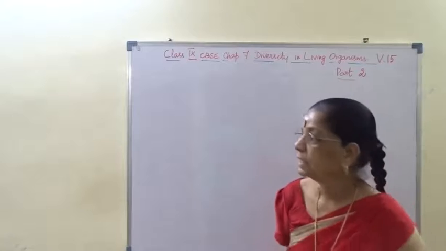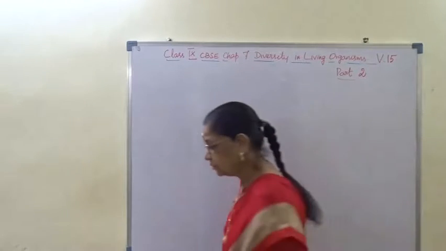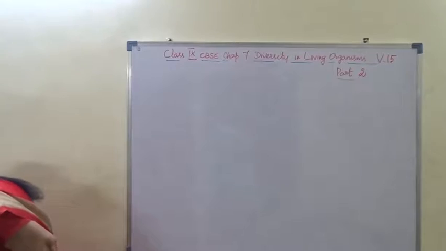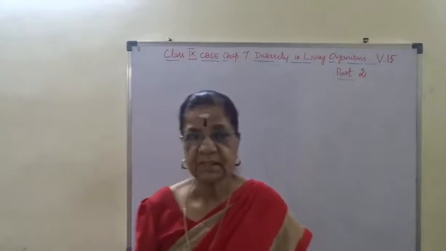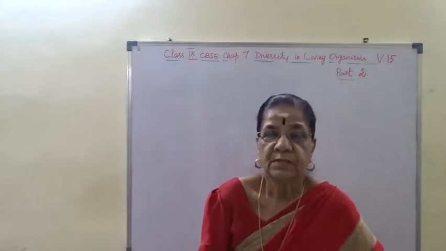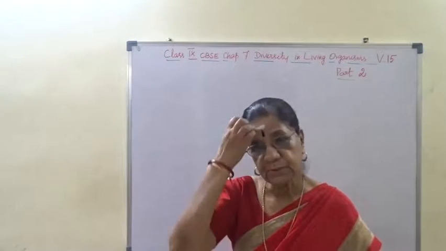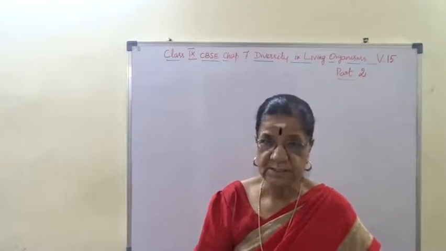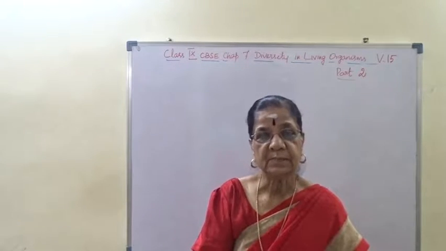Now this part 2 is about the 5 kingdom concept we have studied. Under that, we have done kingdom Monera, kingdom Protista, kingdom Fungi, kingdom Plantae, and kingdom Animalia.